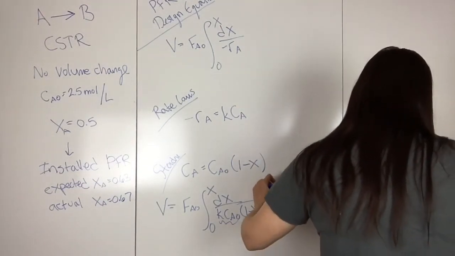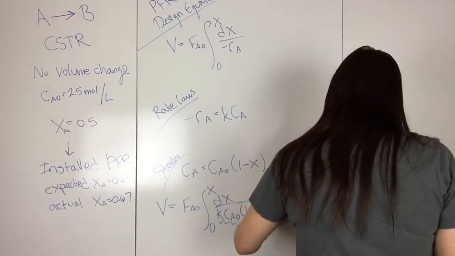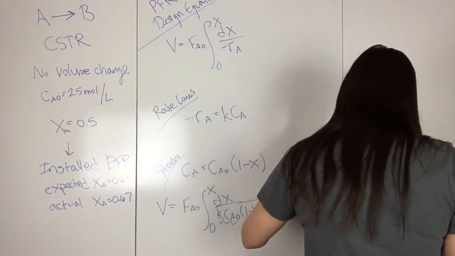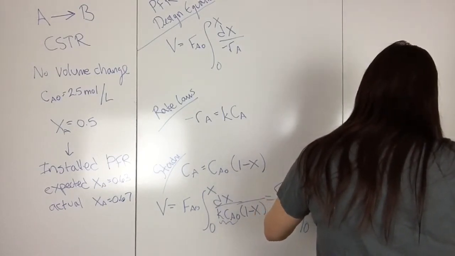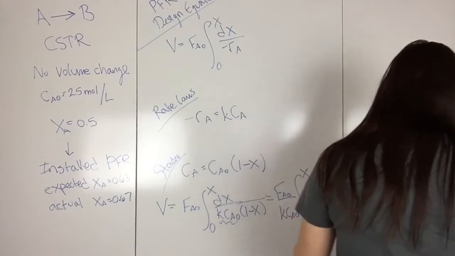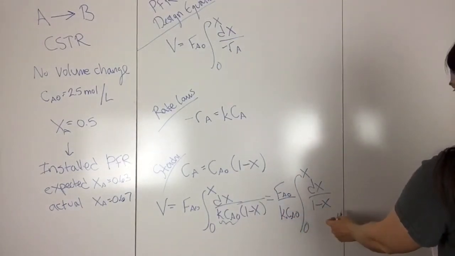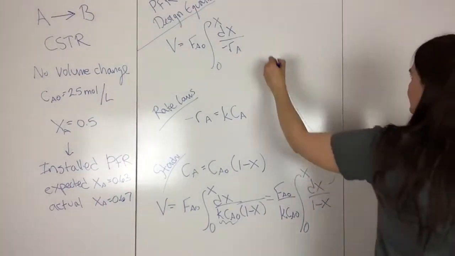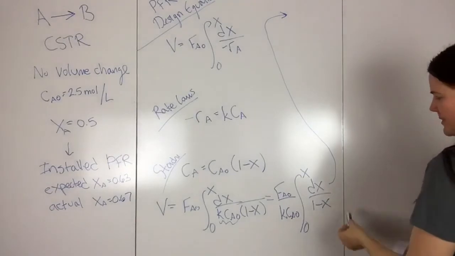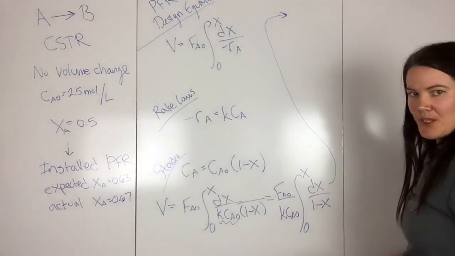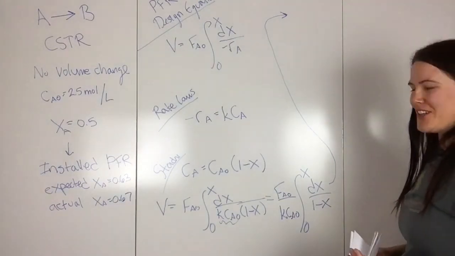So that is equal to F_A0 over k C_A0 times the integral from 0 to X of dX over 1 minus X. Then solving this, and once again you can just look this up in the appendix in your book or solve it with your calculator, however you solve these.